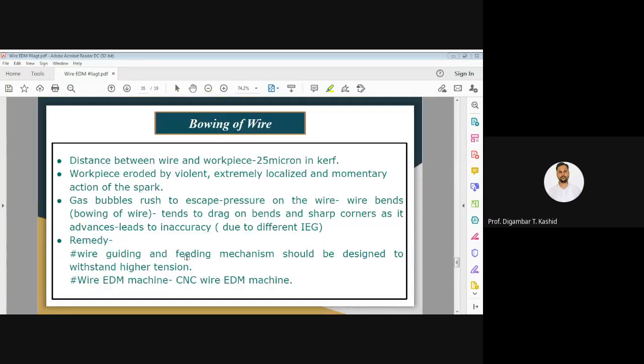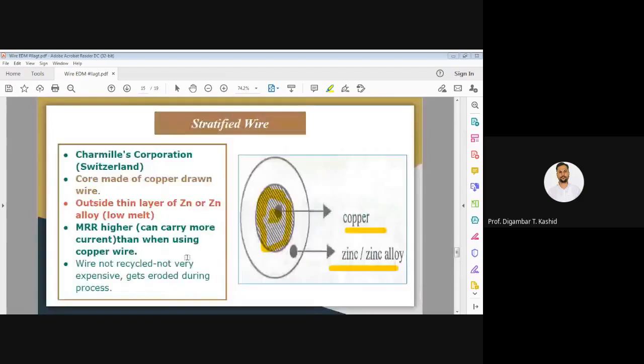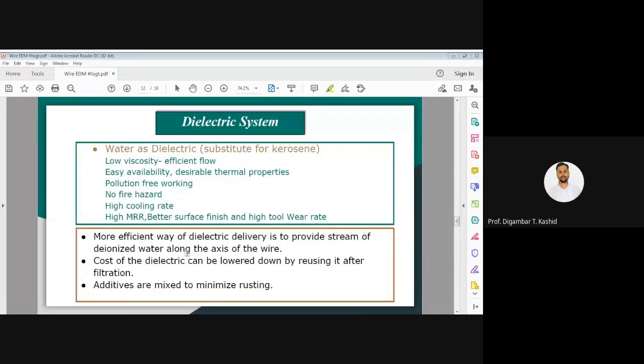Now I will give another point. Write down this dielectric system also. This is again an important point: the dielectric system.